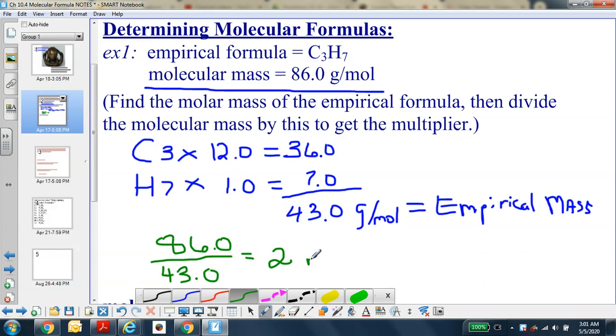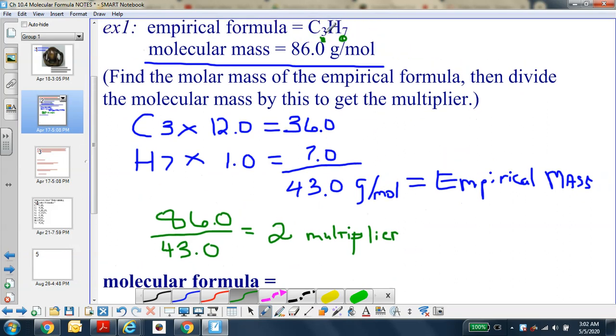And this is my multiplier. So 2 is my multiplier. I'm going to take that multiplier and I'm going to multiply the subscripts by 2.